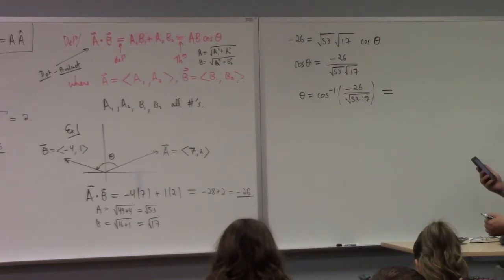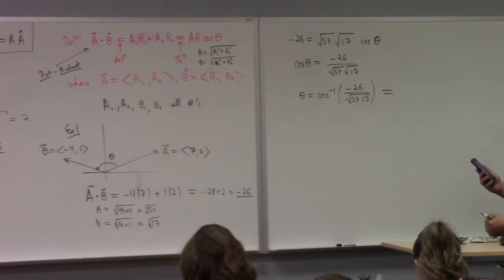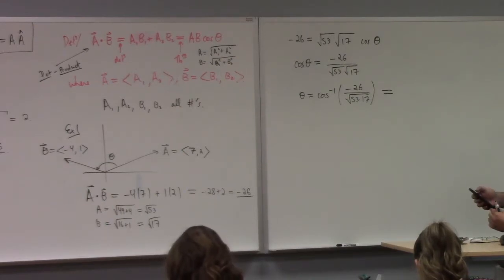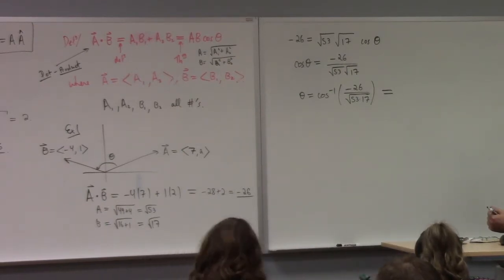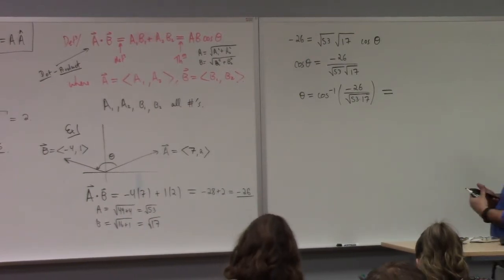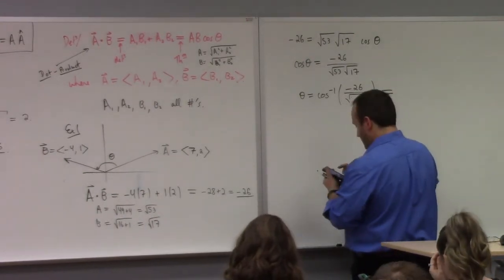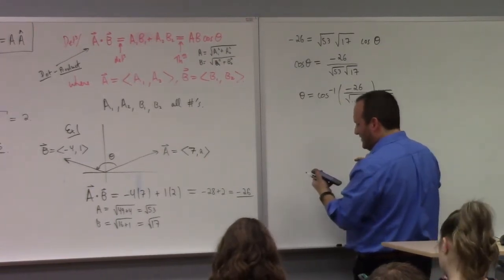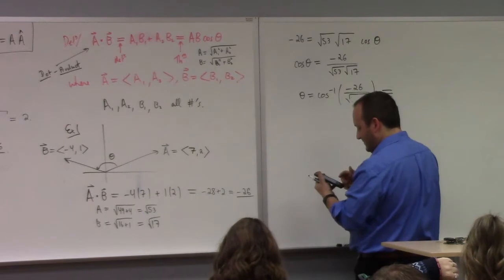Didn't make it. Grouping the 53 and 17, that was a step too far. Let's try that again. 53 times 17, 901. Square root of 901, not square 901, square root.